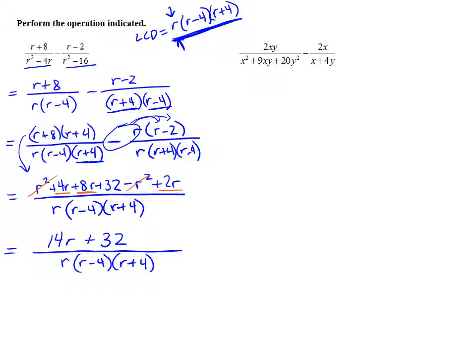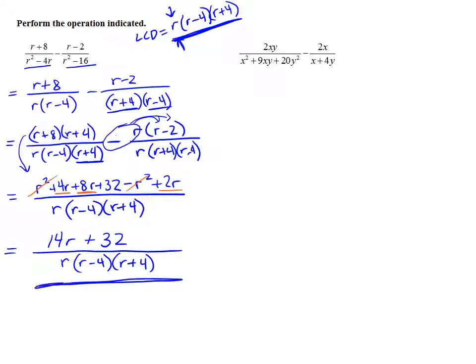Now when I look at this final fraction here, 14r plus 32, the numerator is simplified, but is there anything I could factor and then cancel? Well, there is a common 2 in the numerator, but there's no common 2 in the denominator. So I could factor the 2, but there's no use in doing it in terms of actual simplification or cancellation.